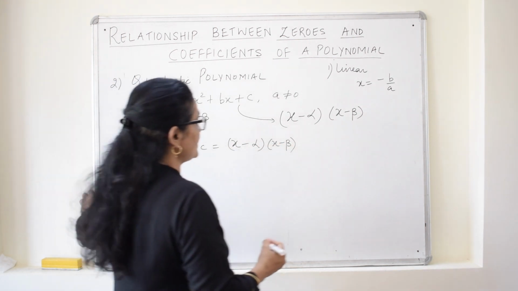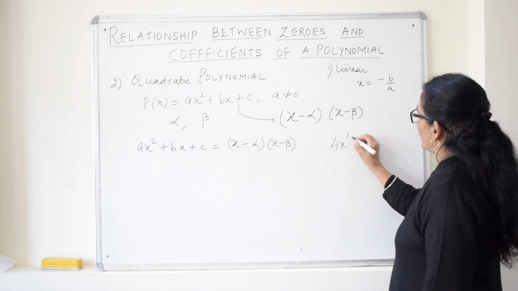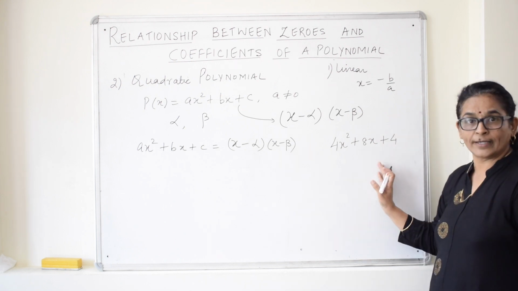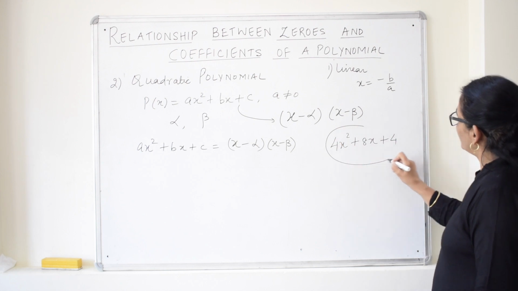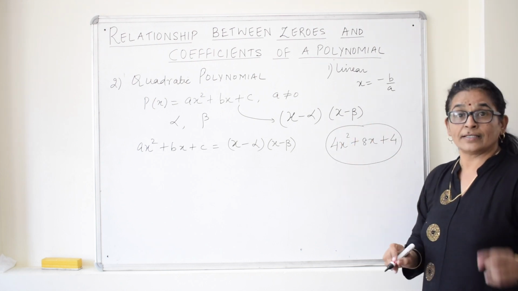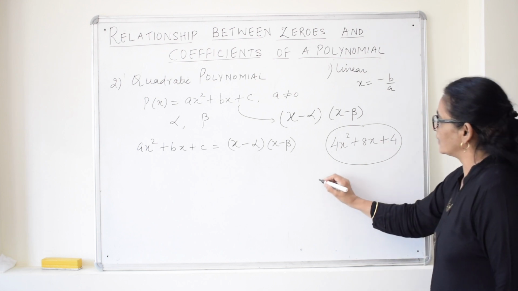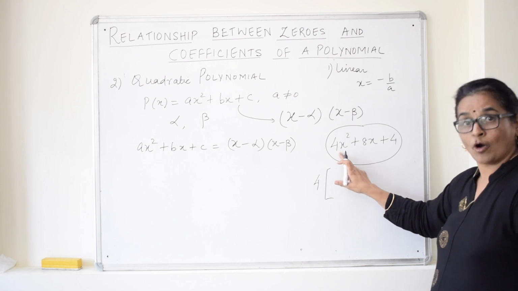Now, in some quadratic polynomials, for example, 4x square plus 8x plus 4, you can see that in all these 3 terms there is a common factor, and that common factor is 4. So we can take out this 4 as a common factor.